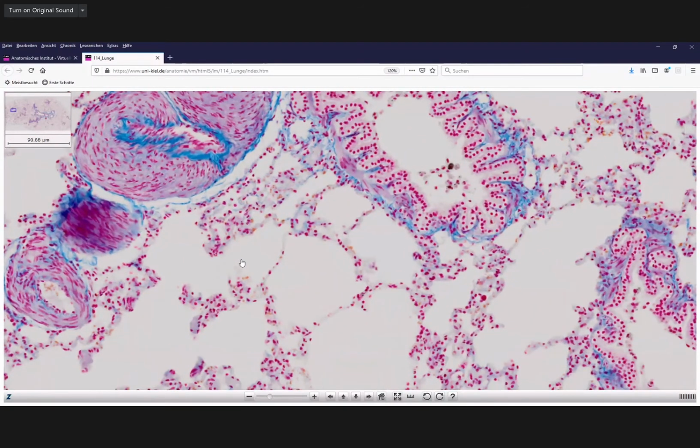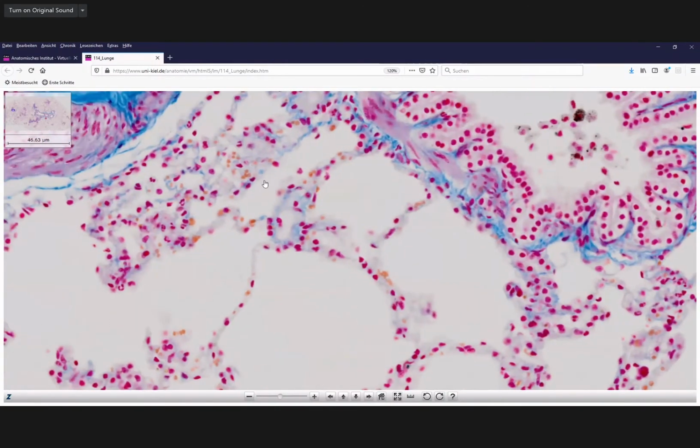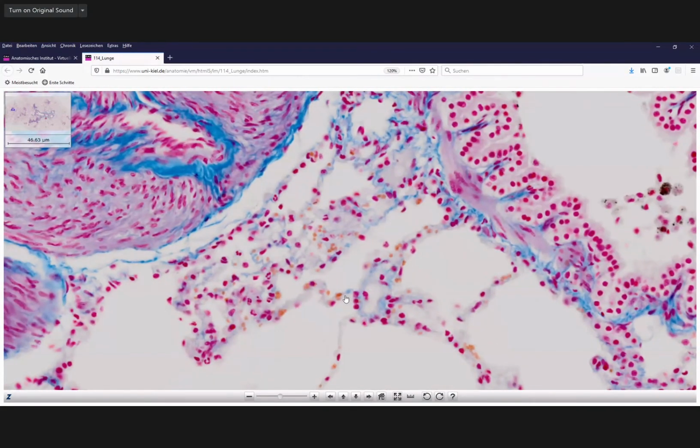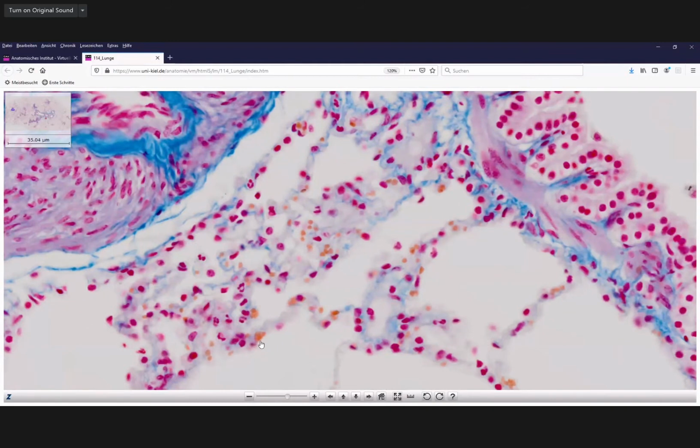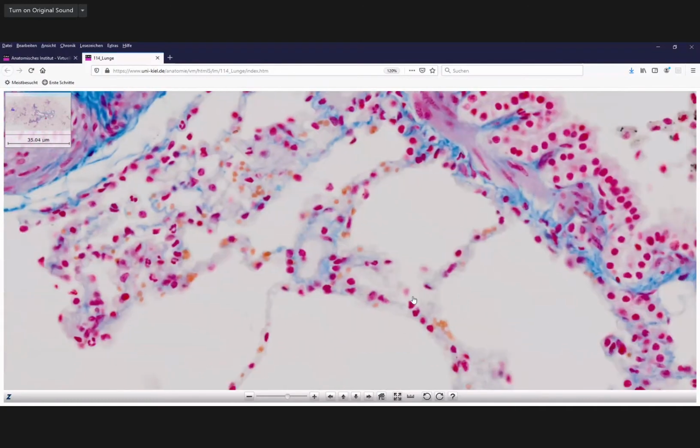So these orange dots here actually are red blood cells. They turned kind of orange in this specimen for some reason, but they are red blood cells.